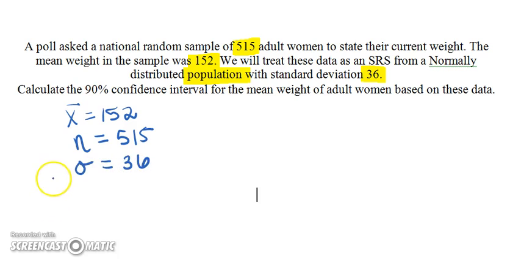That is our population standard deviation. So to calculate a confidence interval for a mean when we know the population standard deviation, we calculate x bar plus or minus a z critical value times our standard error, which is sigma over the square root of n.